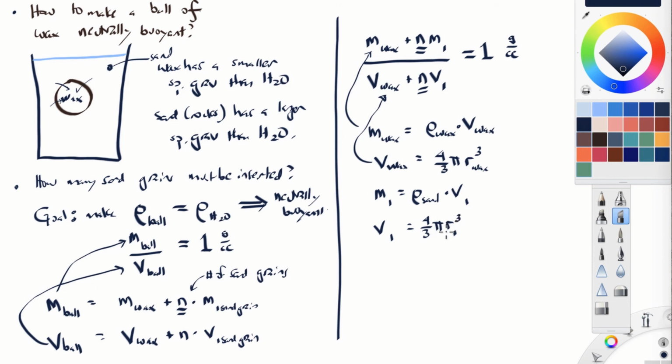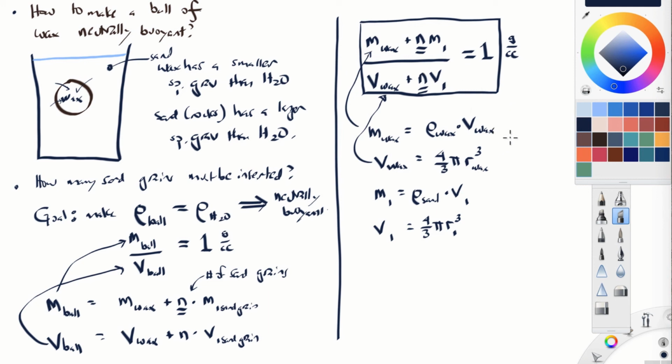Okay, so if we were, for example, given the radius of the sand grains and the type of sand, we would have the density of the sand and the radius, we could figure out the volume, and we could plug all that stuff in here. Then we would have the volume of the sand grain and the mass of the sand grain. If we're given the radius of the wax ball, we could find the volume of the wax and the mass of the wax, and we would have some equation that depends on the radius of the wax, the radius of the sand, the density of the wax, and the density of the sand, and we could plug all those numbers in and solve for N, right?